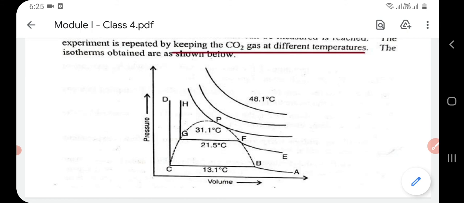Instead, as the temperature is high, that horizontal portion reduces to a single point P. So as temperature increases, you will not observe the horizontal portion of the isothermal curve; instead it reduces to a point. Here it is marked as P.